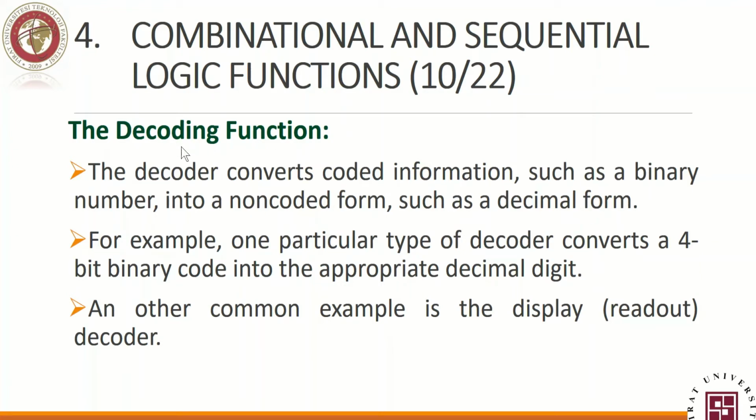In this case, if we speak about decoding of digits to decimal form, we speak about something we call readout. One of the very popular decoding functions is the readout of binary codes into the appropriate decimal digit. The readout is a decoder for a digital input, of course.